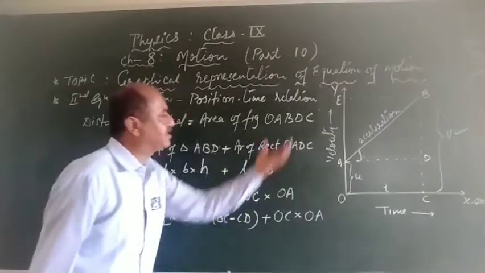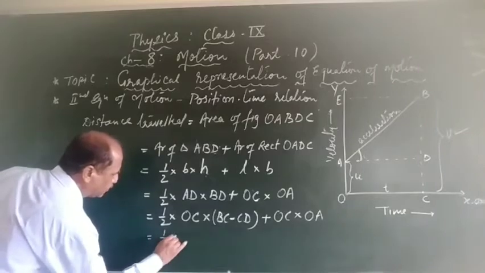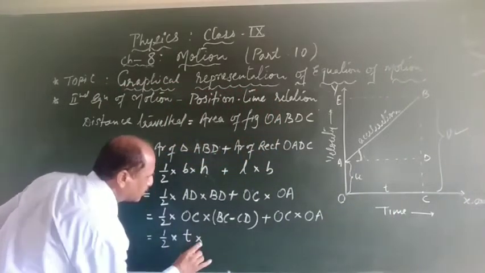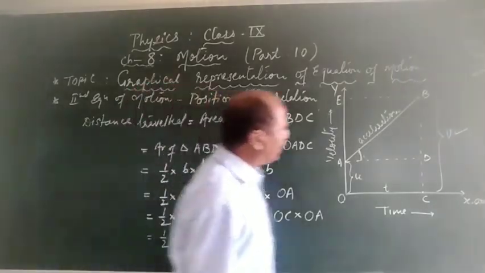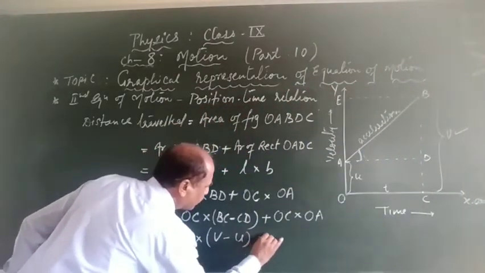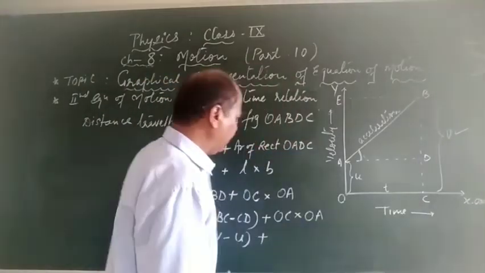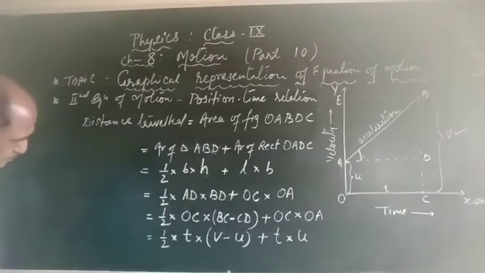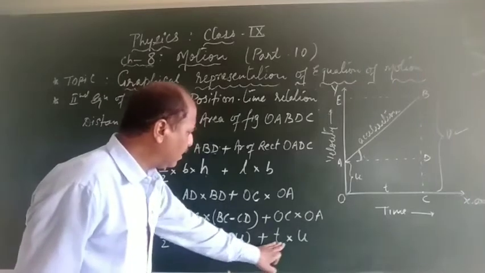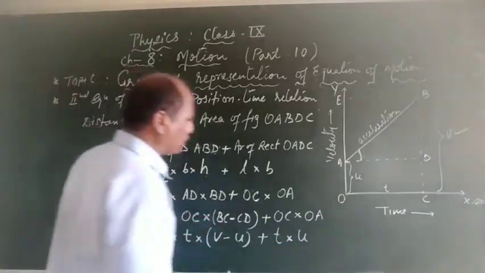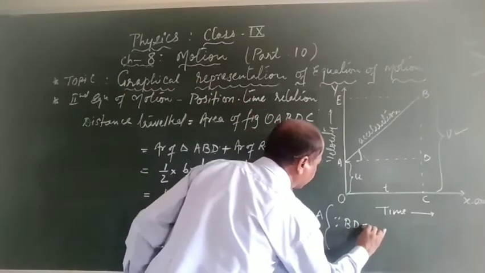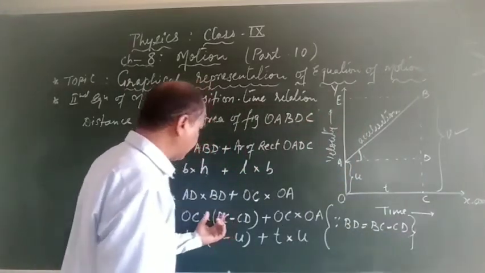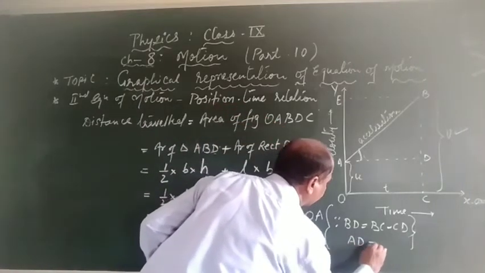Now let us see from the graph: OC is T, BC is V, CD is U, and OA is U. So we get half into T into V minus U in brackets, plus T into U. Since BD is equal to BC minus CD, and we have replaced AD also, that is AD is equal to OC.